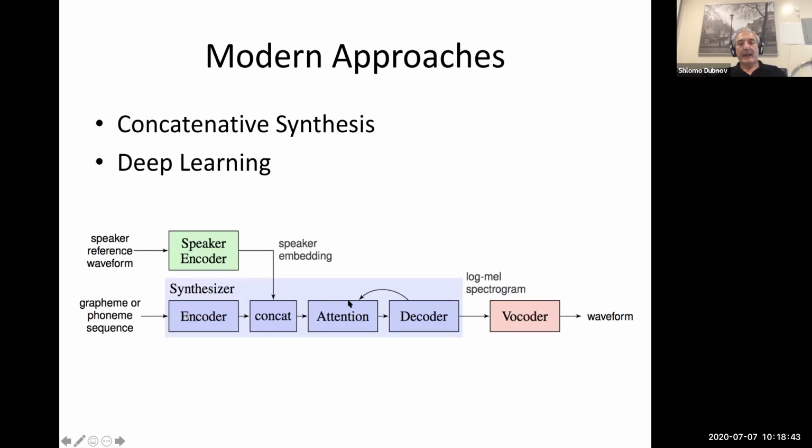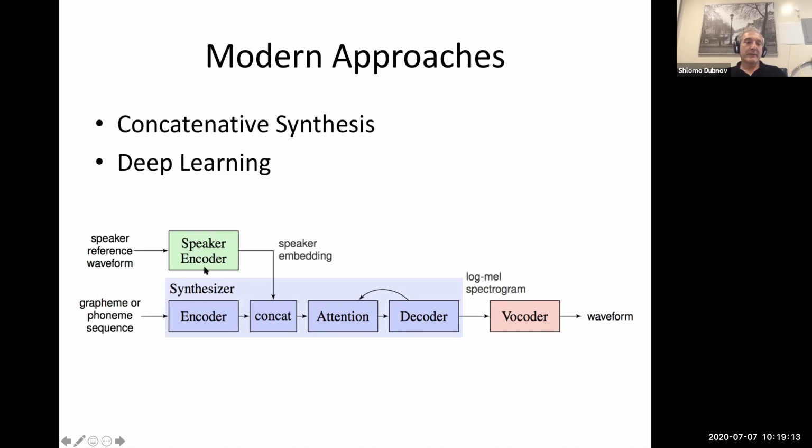So these are the elements of modern deep learning speech synthesis, and similar ideas people are trying to use also for singing synthesis and musical synthesis. The idea is that you have to start with some kind of a symbolic representation, graphemes or a phoneme sequence, and then you use an encoder that combines the knowledge of what you want to say with some representation of a speaker.